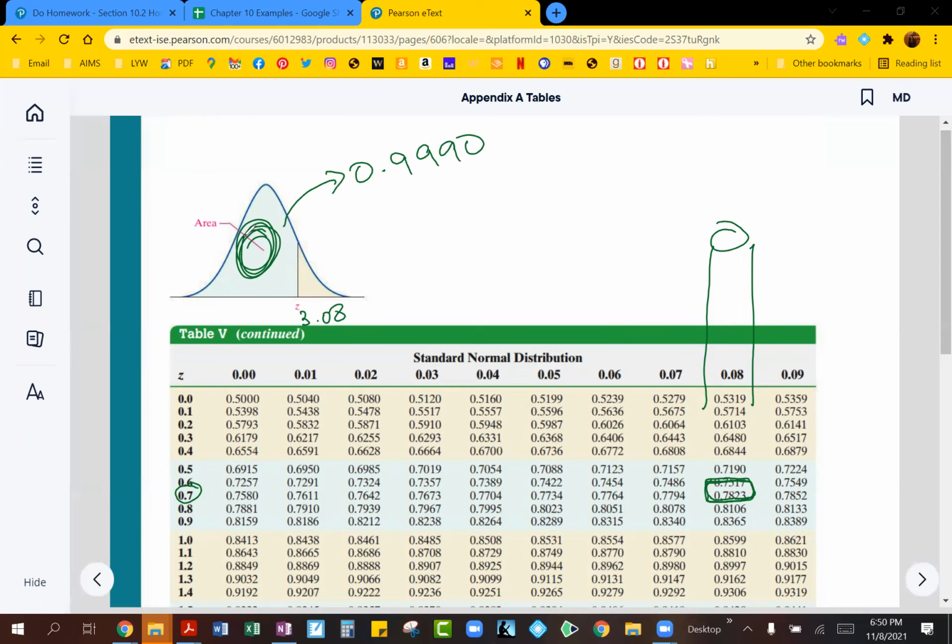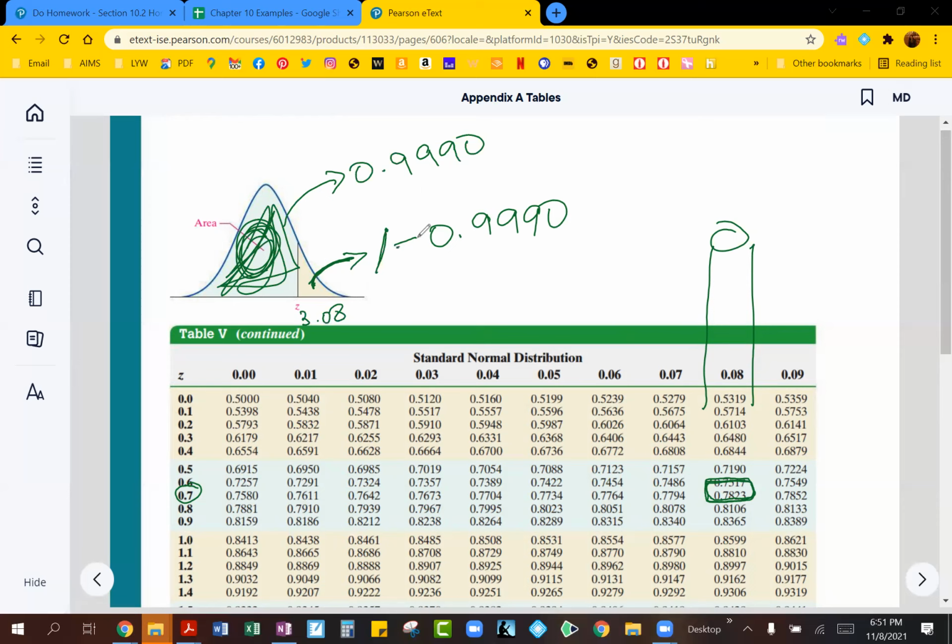Again, let me remind you, we are looking at a right-tailed test, which means we are interested in calculating this area. So remember, for the bell curve, your entire area or percentage probability value is 100% or 1. So to calculate this right-tailed, we would have to do 1 minus the area on the left-hand side, which is going to be the 0.9990.